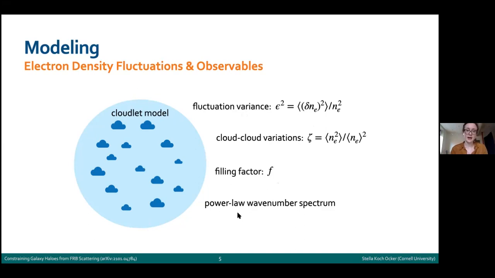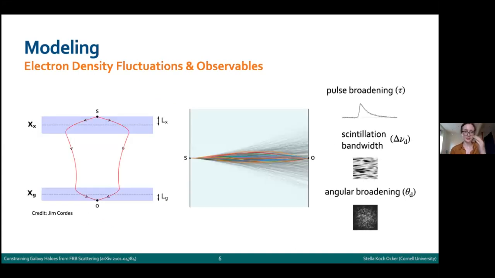And so the electron density fluctuations give rise to scattering. We have three main scattering observables: pulse broadening, scintillation bandwidth, and angular broadening. This diagram in the middle is showing you arbitrary rays in black launched from a source at S, and then these colored lines represent the rays that actually reach the observer.